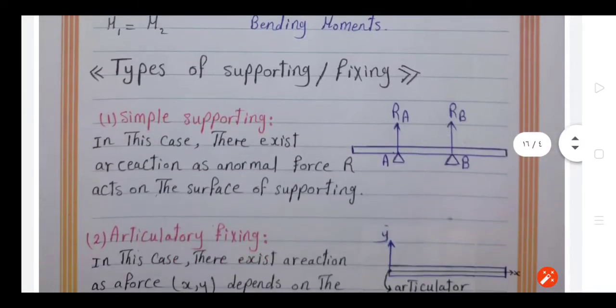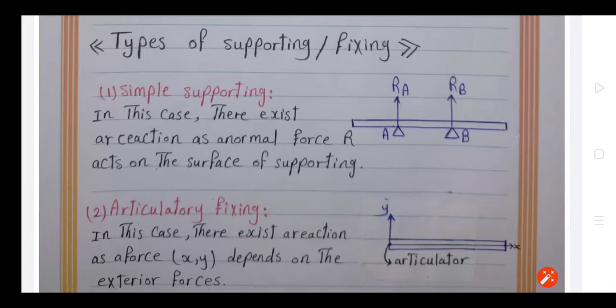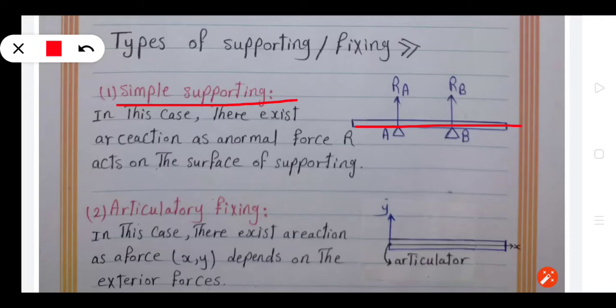Now we talk about types of supporting or fixing. One, the first, simple supporting. Let the beam be on a surface of supporting, and point A is a point of supporting, and also point B is a point of supporting.